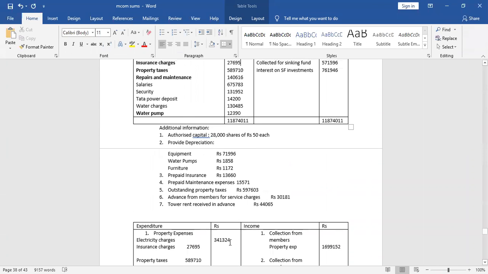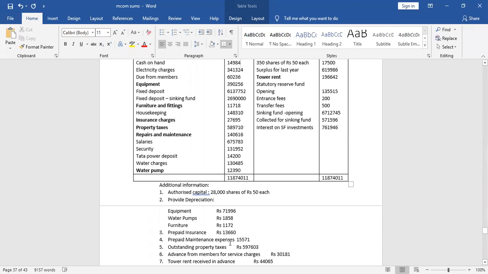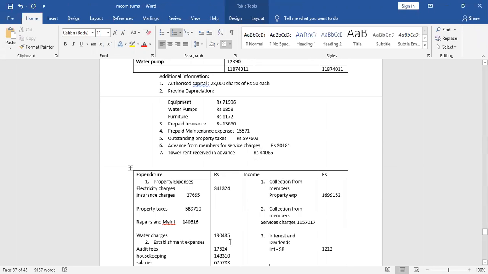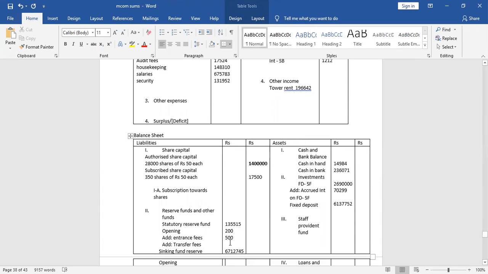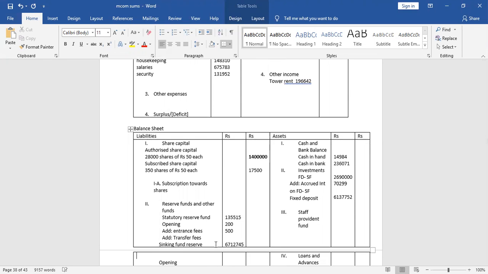Then after opening we have collected for sinking fund and interest on sinking fund investment 571, 596. We will write add collected for sinking fund and the second add is interest on sinking fund investment.